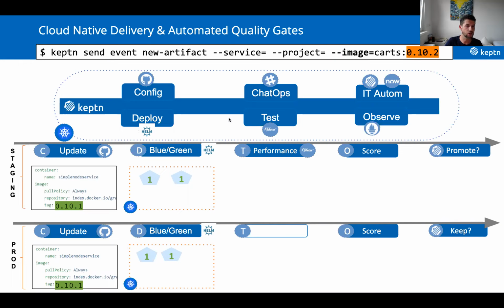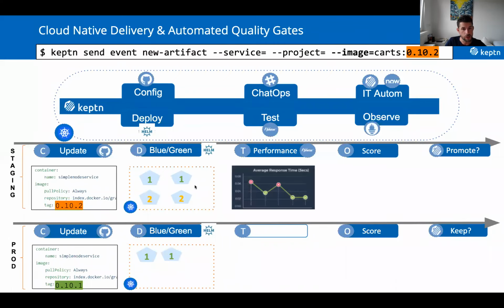And Keptn will start its internal workflow, will update the Git repository, will update the stage, and will update your Kubernetes cluster by deploying the blue or the green version of the microservice, will trigger the tests, like the JMeter tests, and will score the tests.